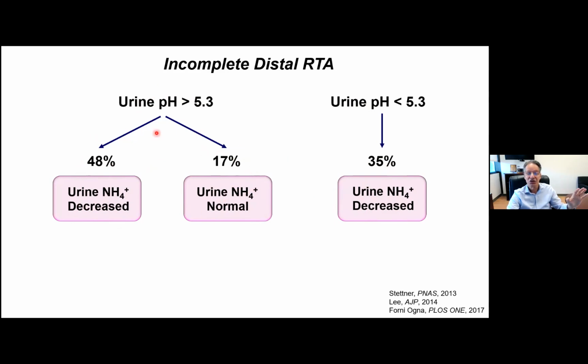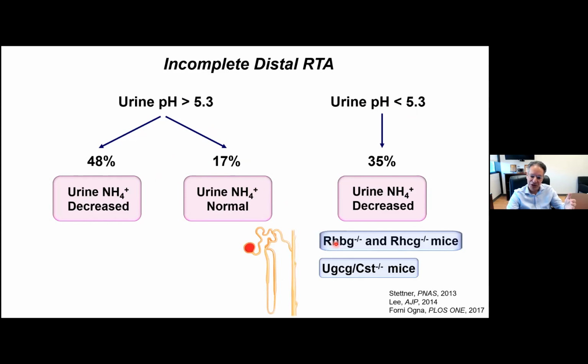So again, just remember that the diagnosis of incomplete distal RTA is not simplistically that patients have normal acid-base status, you give them ammonium chloride and they can't acidify the urine. That's sort of more historic now. They're now divided up into these different categories based on whether they can acidify the urine or not and what their urine ammonia excretion rate is.